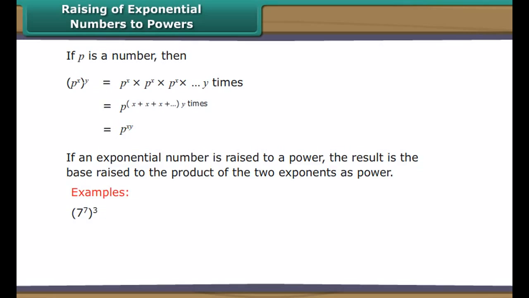(7 raised to the power 7) raised to the power 3 is equal to 7 raised to the power 7 into 7 raised to the power 7 into 7 raised to the power 7, which is 7 raised to the power 21, which equals 7 raised to the power 7 into 3.